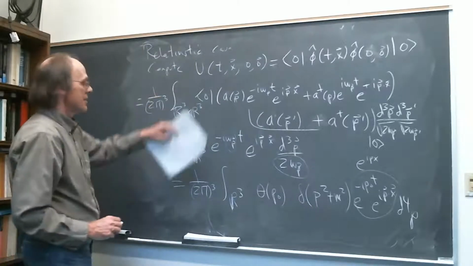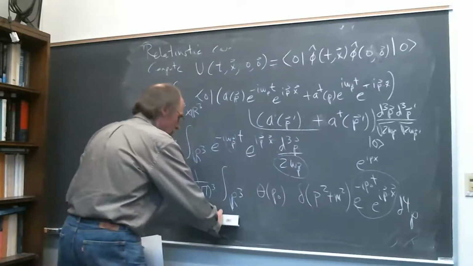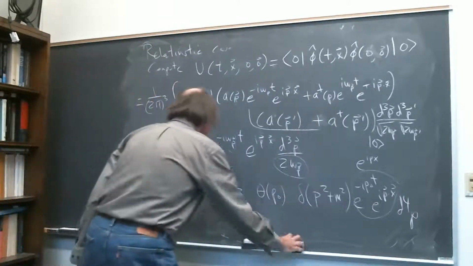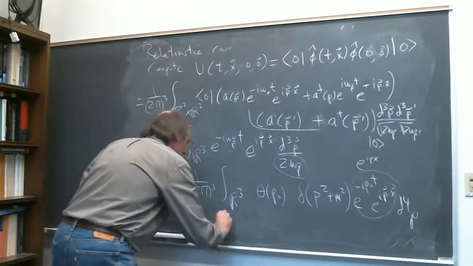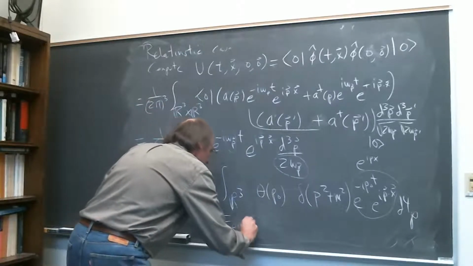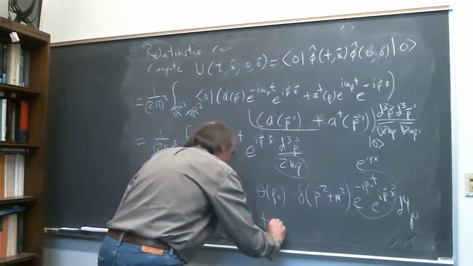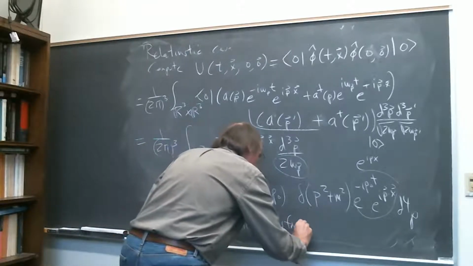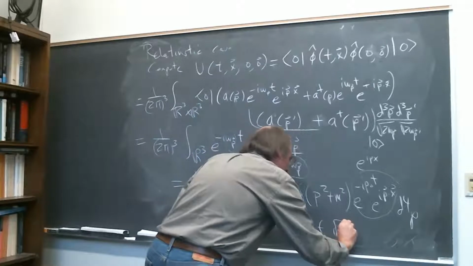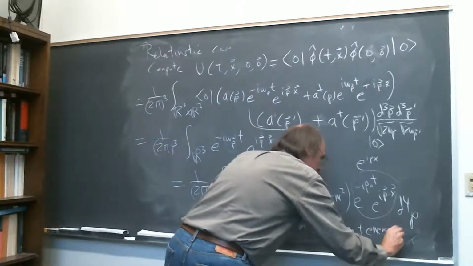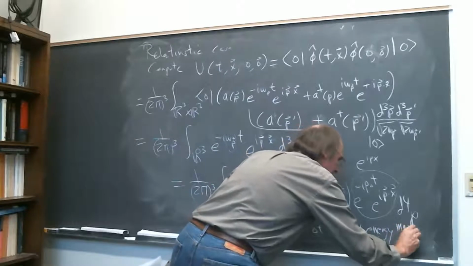So what this guy is, is really the Fourier transform of delta on the positive energy mass shell.